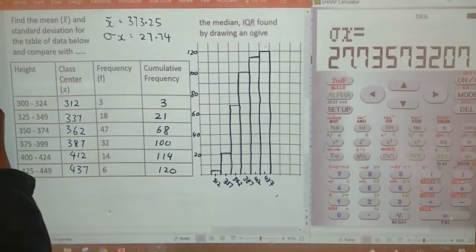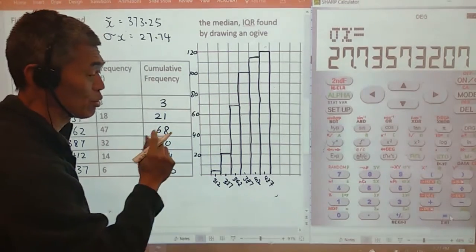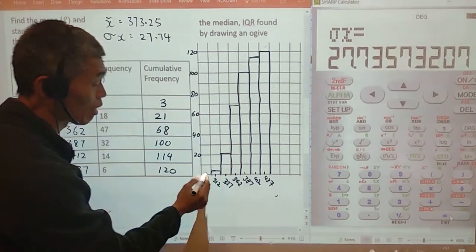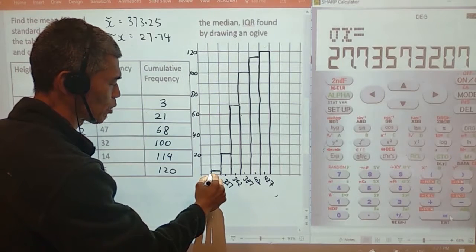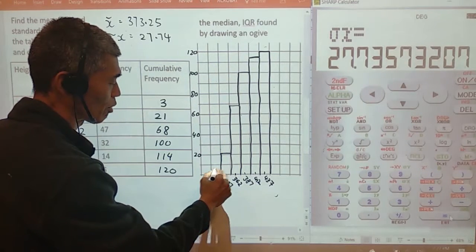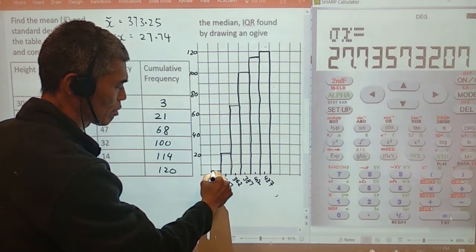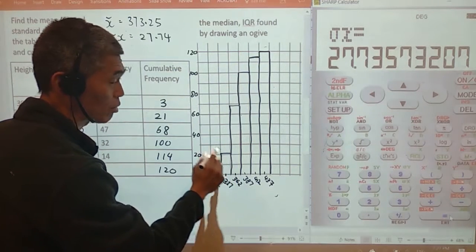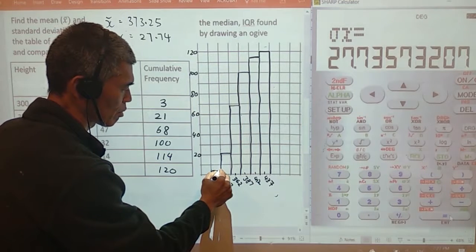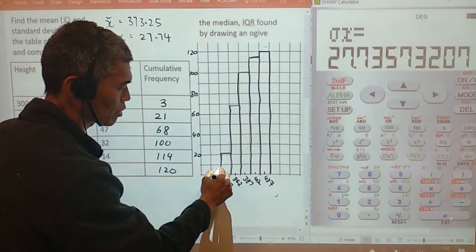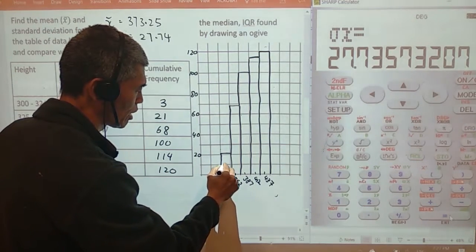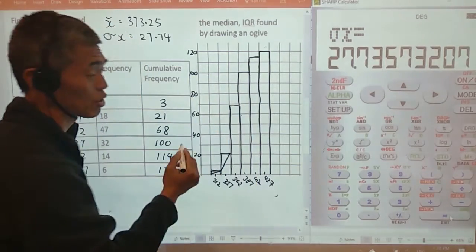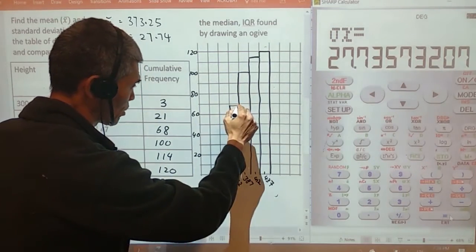Alright, so now we're going to draw the ogive. To draw the ogive, we start from the bottom left hand corner of the first column and join that to the top right hand corner of the first column. And then we continue this process, joining this point to the upper right hand corner of the next piece. Now of course I should be using a ruler for this, and so should you.